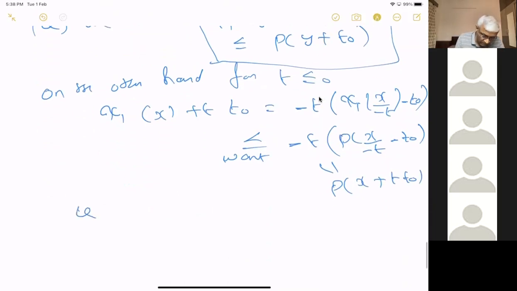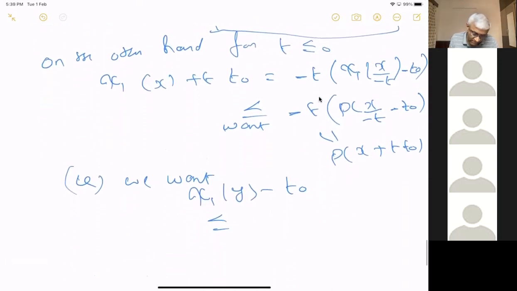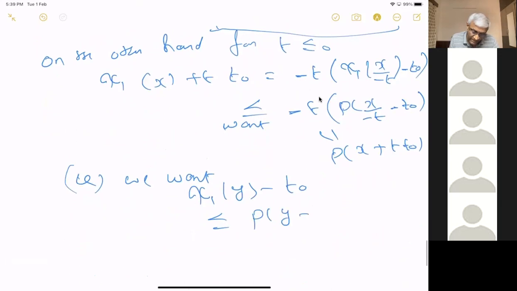That is, we want chi1 of y minus t naught is less than or equal to p of y minus t naught.